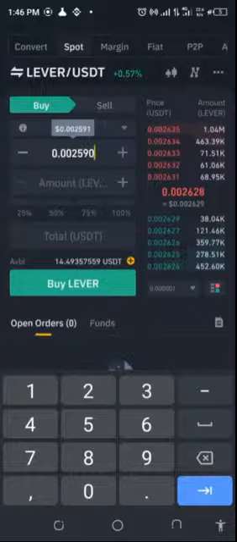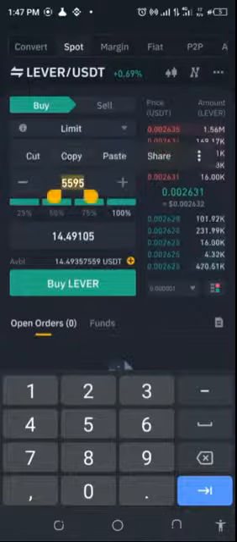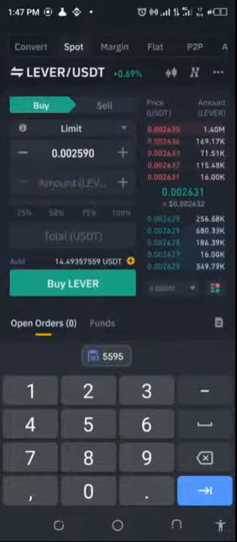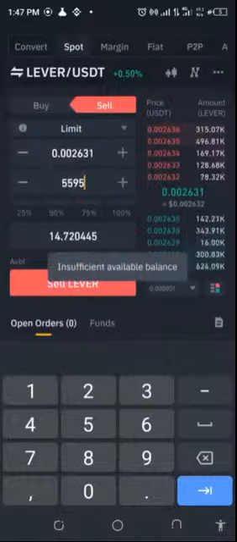Now I'll do a quick simulation and see what we'll get. So we'll get that, and then if I have to sell it, what would I get? If I sell, I'll put that here and see. Okay, that makes some profit.